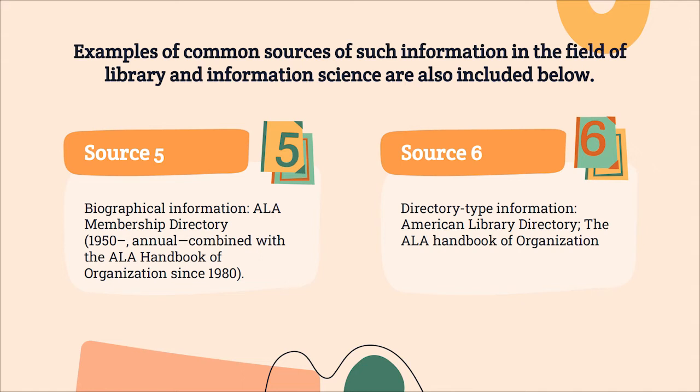Directory type information: American Library Directory, the ALA Handbook of Organization, Annual. During 2009-10 ALA is transitioning this to an online Handbook of Organization. Directory of Special Libraries and Information Centers, 3 volumes. 7. Bibliographical data: see the indexes cited in the Review of Related Research.